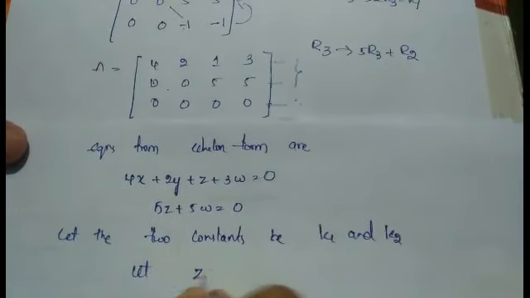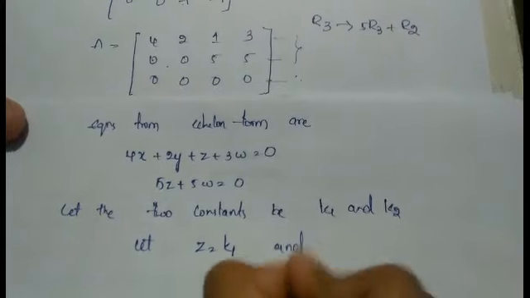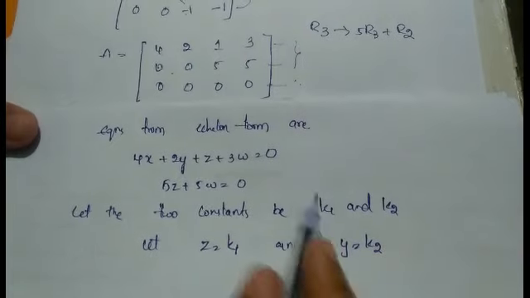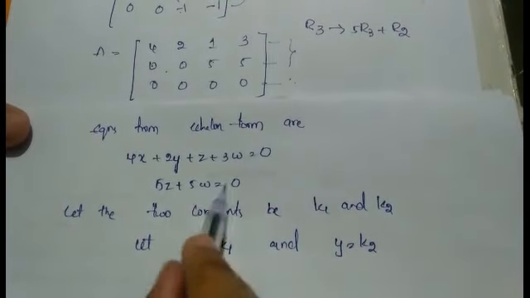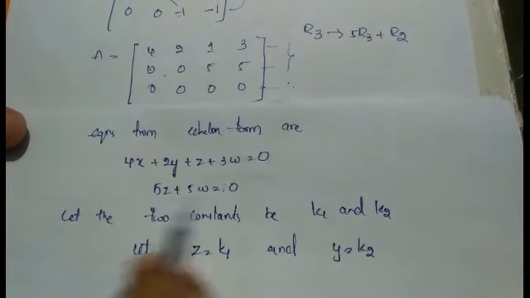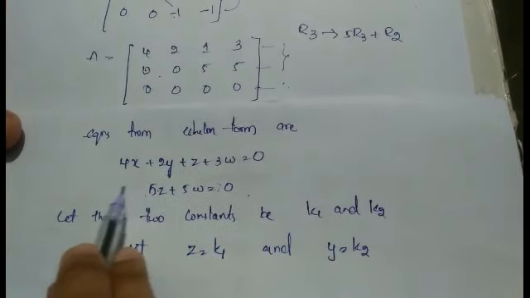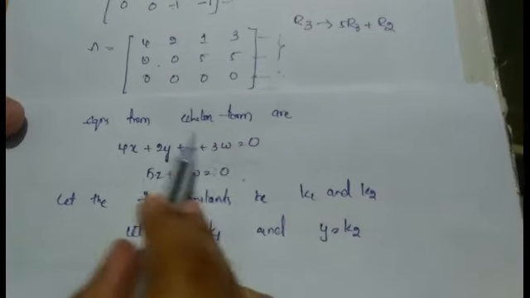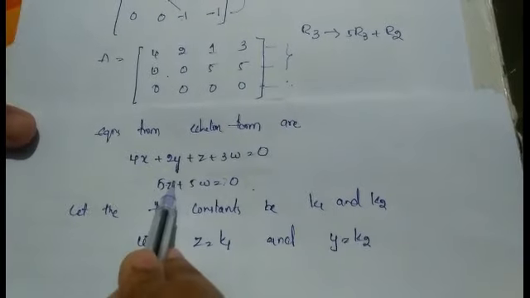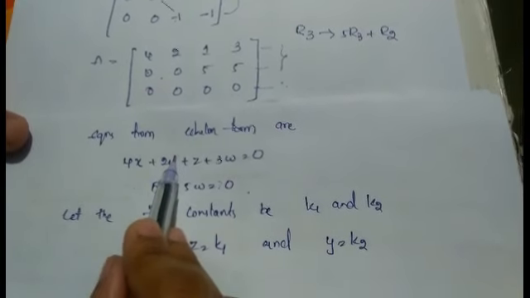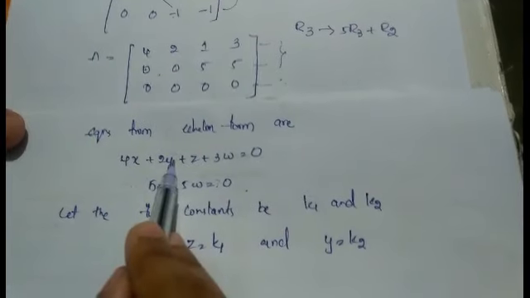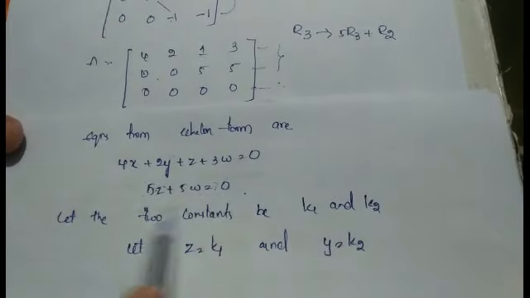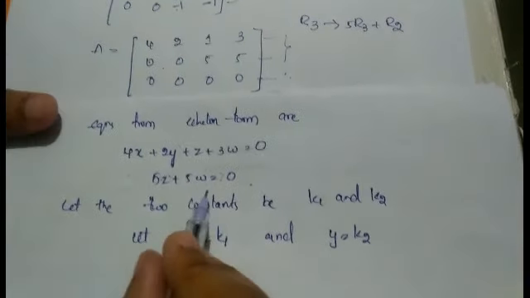Let z equal k1 and y equal k2, because I am not taking w equal to k2. If I take w equal to k2 and substitute those two values in this, it doesn't have any other variables like x and y, so we don't get anything. We have to take one variable from this equation and another variable from this equation.